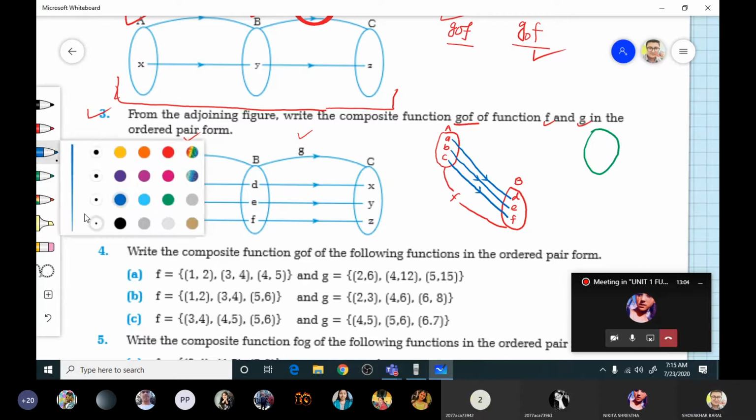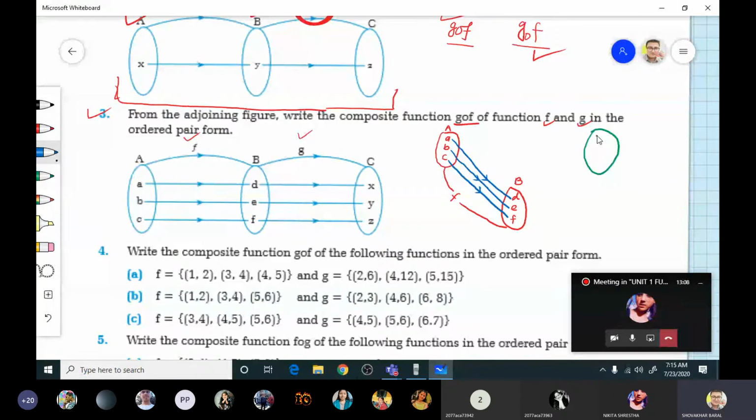The elements are x, y, and z. See the mapping? d is mapped with x, e is mapped with y, f is mapped with z, and this is the function g. Let me draw the arrow to denote that this is function g.